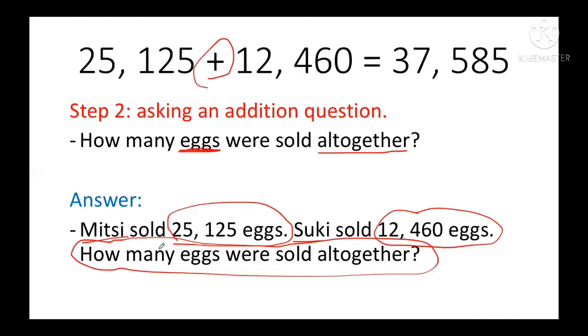I'm not saying that you need to use the clue words, but you can, because in some other problems we can choose other words. But here, since it's easy to understand the word altogether, I chose to use it.